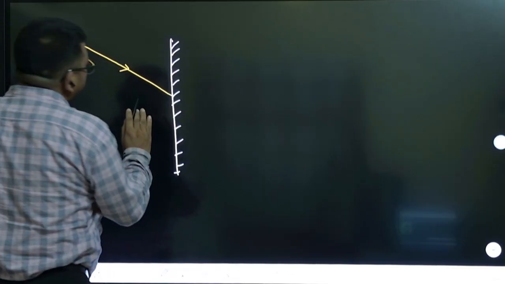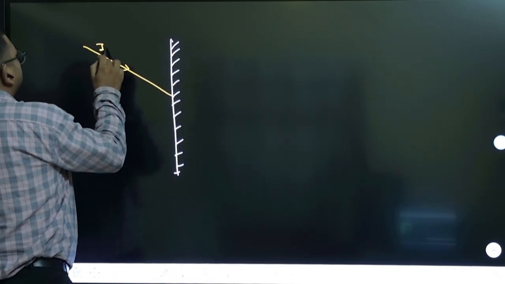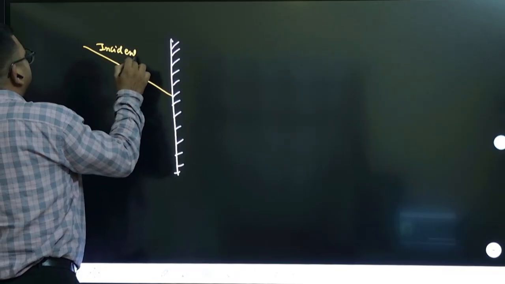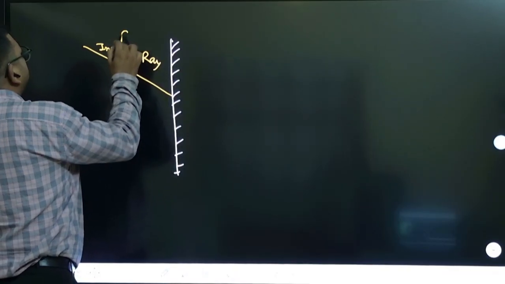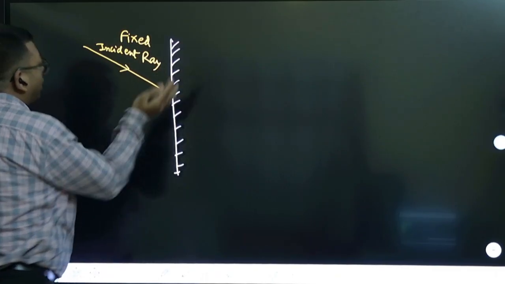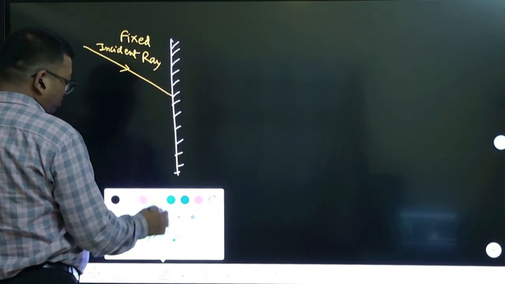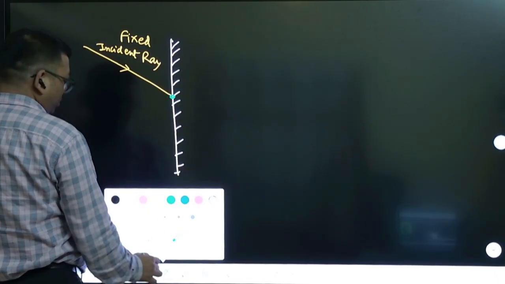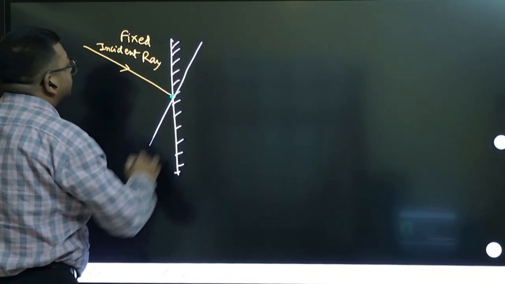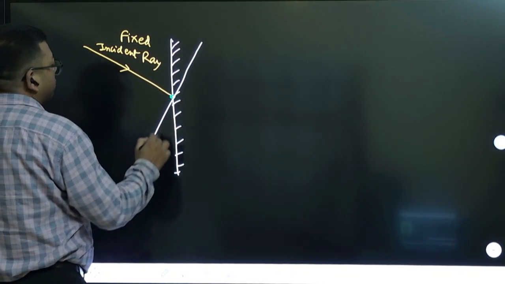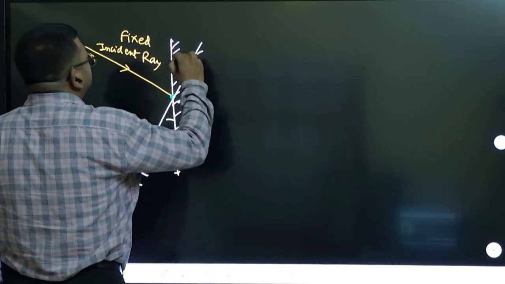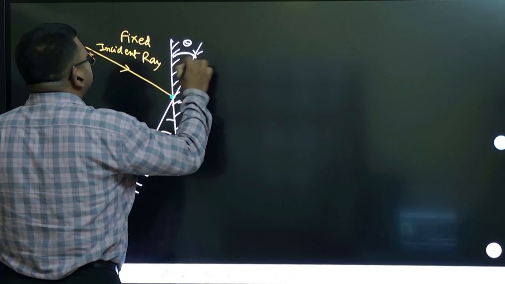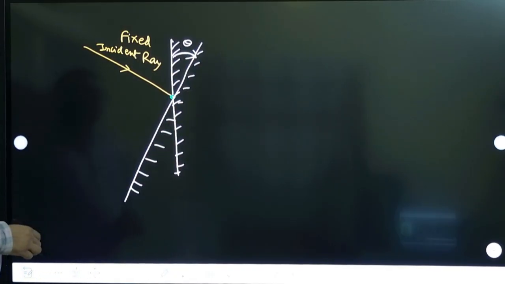Now suppose you keep this incident ray fixed, and let us rotate the mirror by some angle theta. This is the angle theta by which you have rotated the mirror.